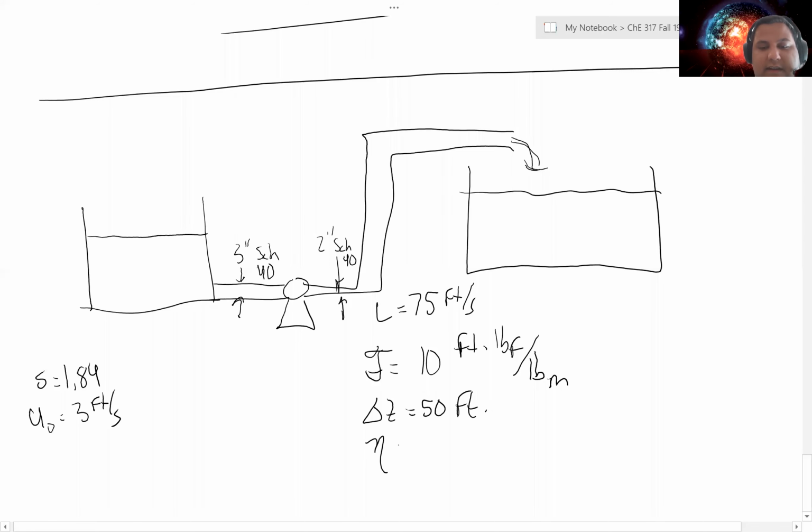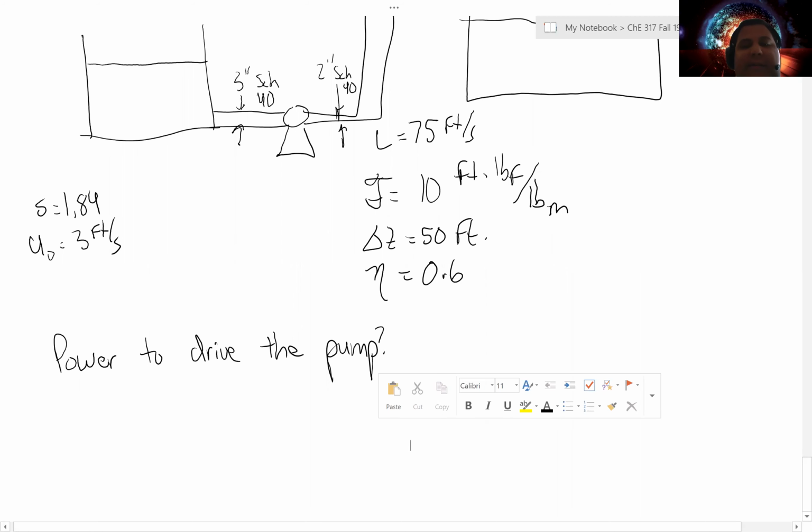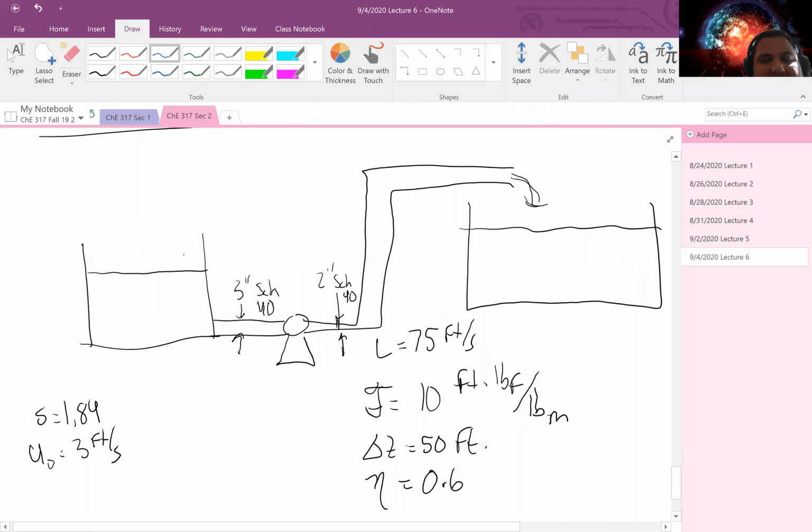And the efficiency is only 60% or 0.6. So what we're looking for here is the power to drive the pump. So this one's a little bit of a long and complicated problem. I will most likely pick the same points, assuming my delta Z is over those points.